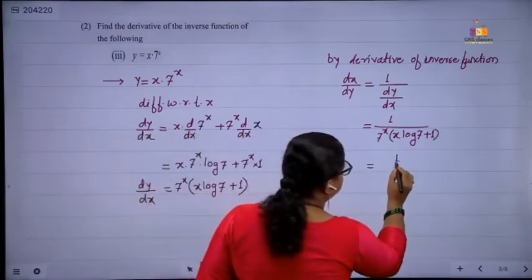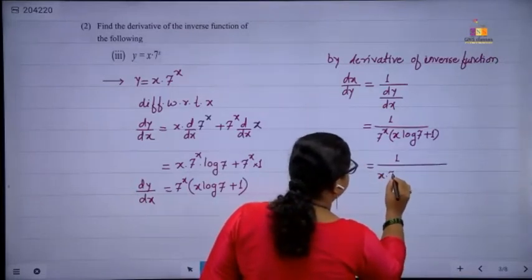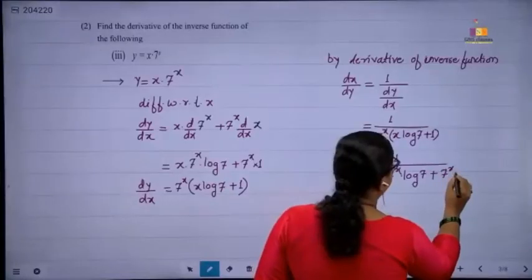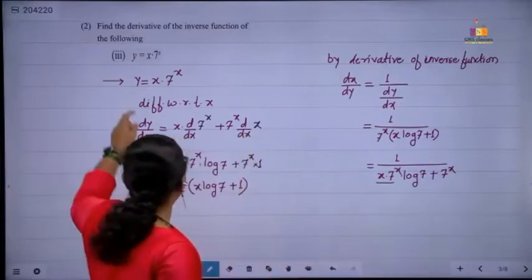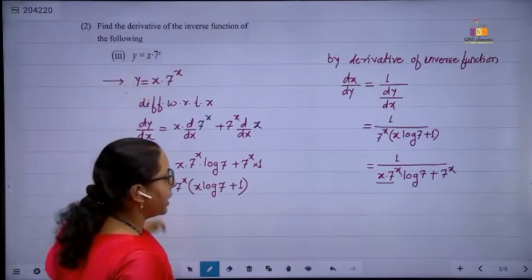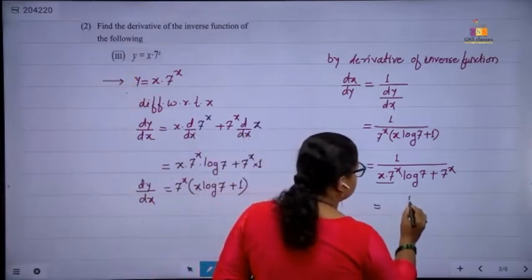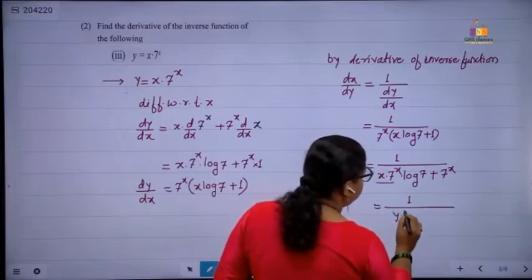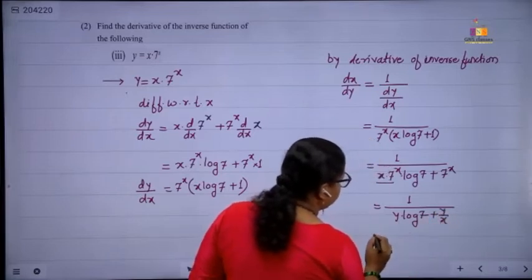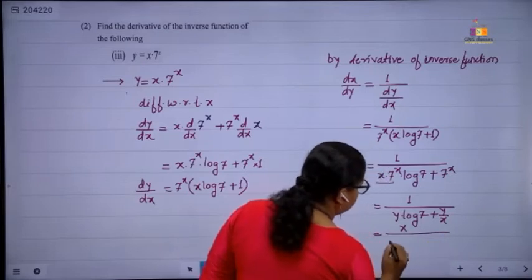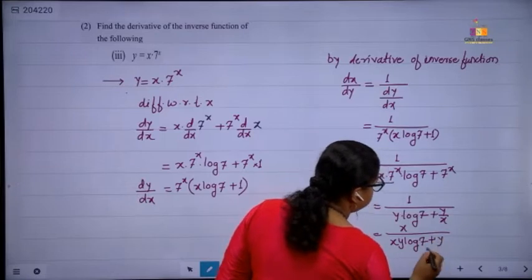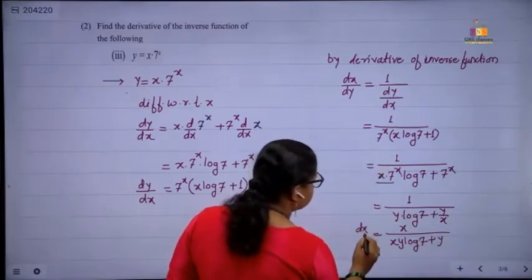This is nothing but 1 upon x into 7 raised to x into log 7 plus 7 raised to x. But x into 7 raised to x is nothing but y. And 7 raised to x can be written as y upon x. So it is equal to 1 upon y into log 7 plus y upon x, that is equal to x upon xy log 7 plus y. This is dx by dy.